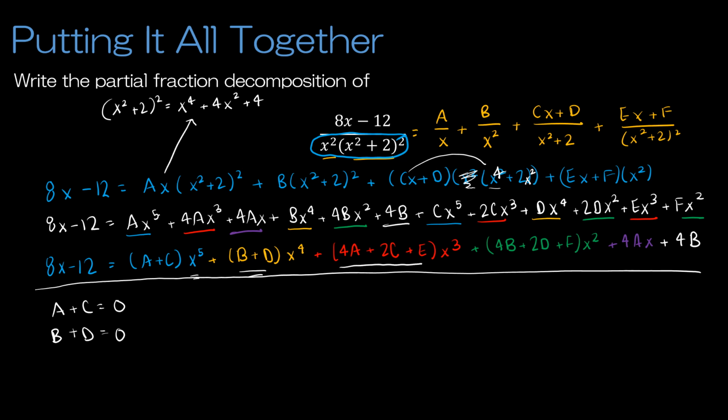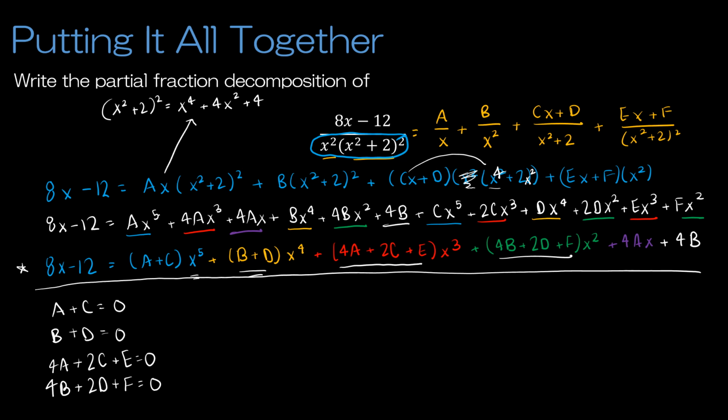All of this is x to the third, and so again, that's 4a plus 2c plus e is equal to 0. So all of those are equal to 0 so far. That leaves me with this one, because there's no x squared value on the left-hand side either. So 4b plus 2d plus f is equal to 0.